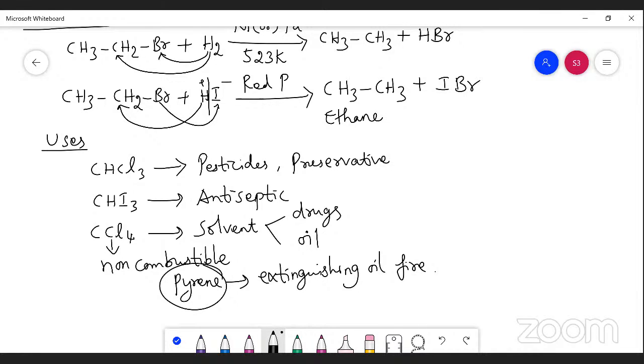Carbon tetrachloride is a nonpolar solvent, but being non-combustible, under the name of pyrene it is used to extinguish oil fires.